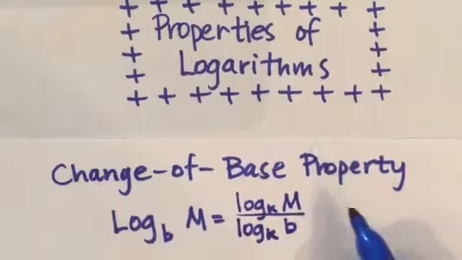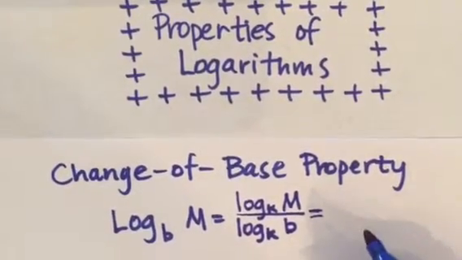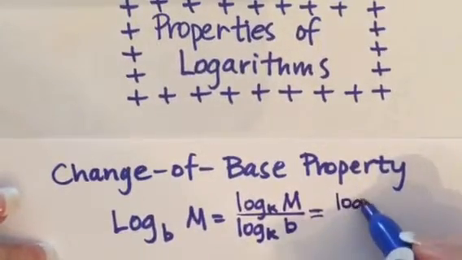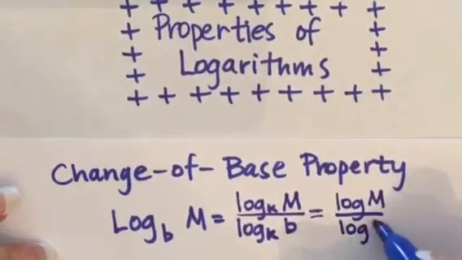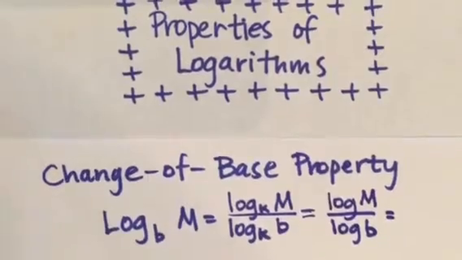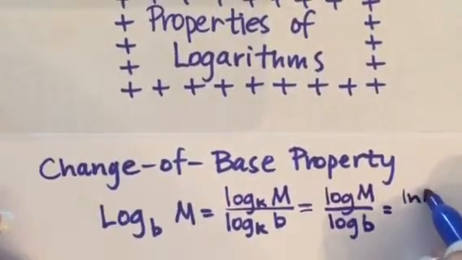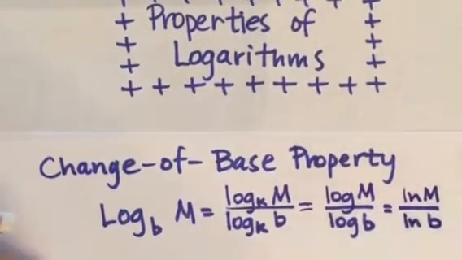So like I said earlier, often we just change it to things our calculator is really friendly with. Common logs, which are just log of m divided by log of b. Or we might consider using natural logs. So that would be equivalent to ln of m divided by ln of b.